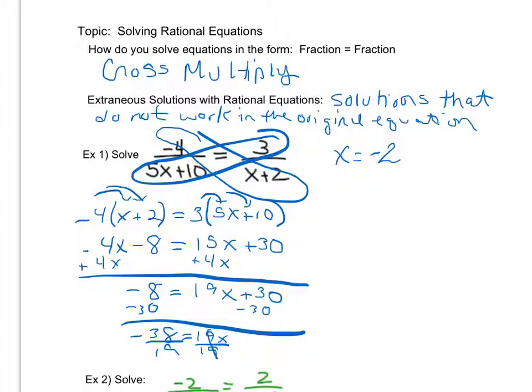Now to check my solution. With rational equations, when I'm checking to see if my solution works in the original equation, what I'm really making sure of is that by plugging it back in, I do not get a 0 in the denominator. So no zeros in the denominator.